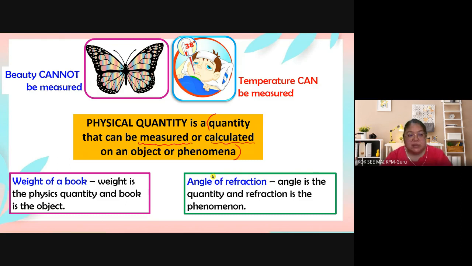So this one we call physical quantities. Okay, example.